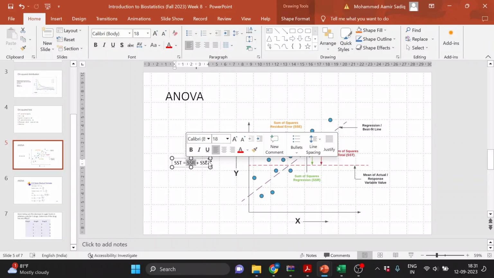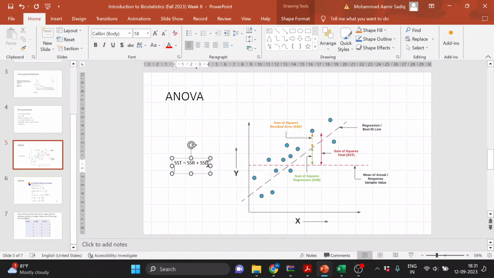So variance explained is SSR by SST, which is also your R squared. This is very important.